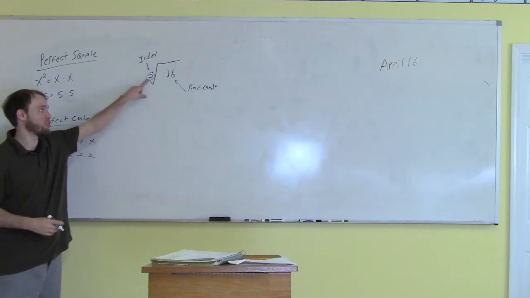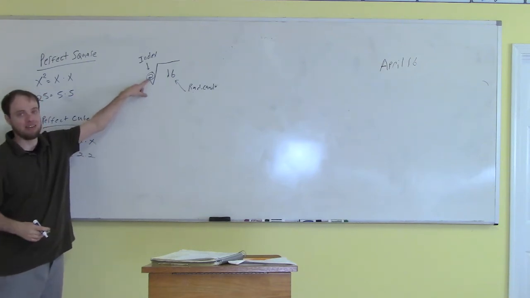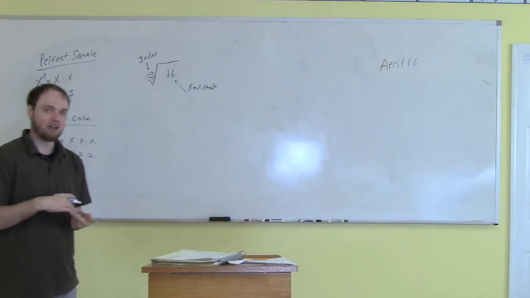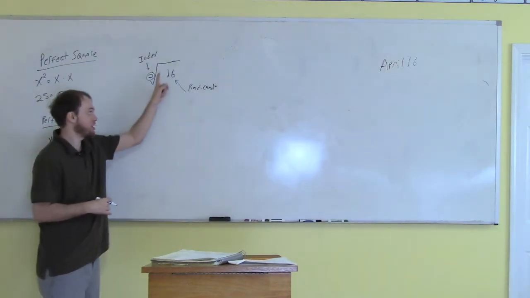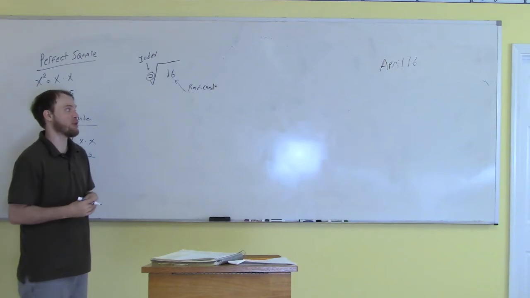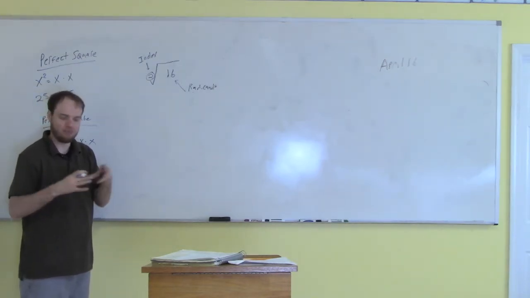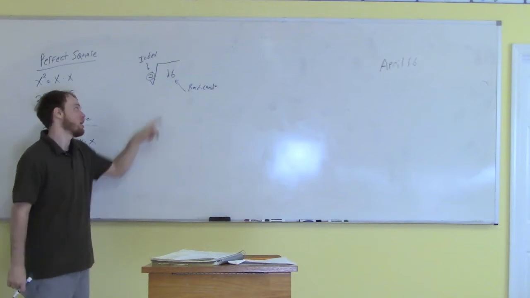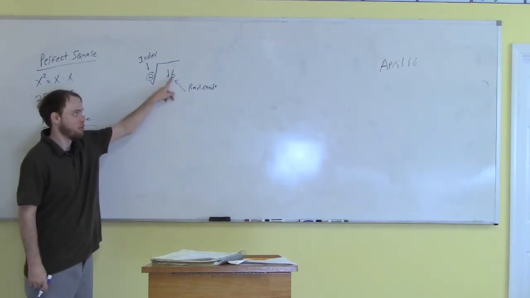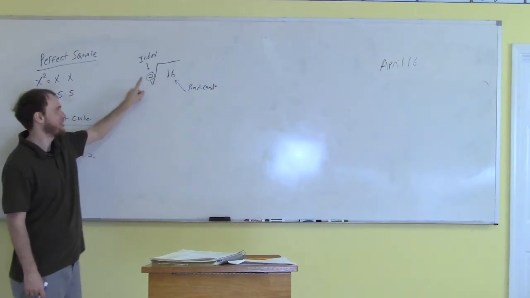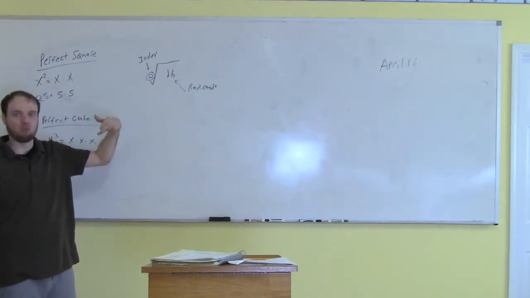So whatever number is here is going to be the index. Okay? Whatever number goes underneath the symbol is going to be the radicand. And so the radicand is just the number, variables, whatever stuff is underneath the radical. The radicand for this one would be 16. The index is the number that tells you what root it is.